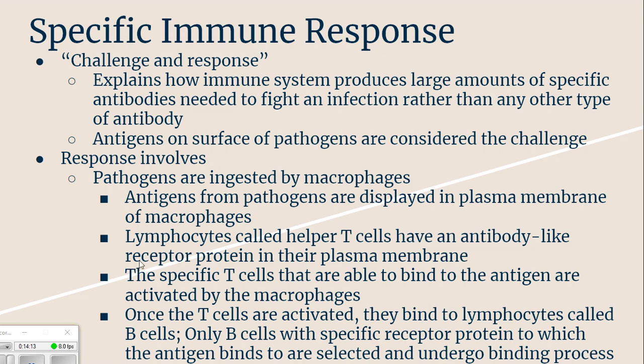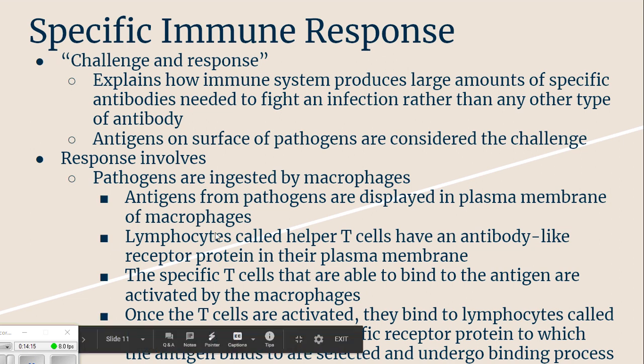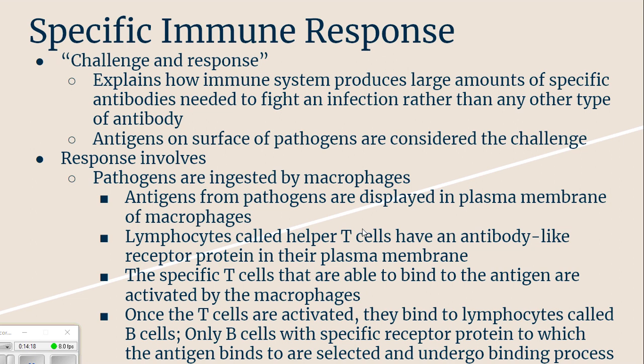Now, you have lymphocytes, these specific white blood cells called helper T cells, and they have this antibody-like receptor protein on their plasma membrane. The specific T cells that are able to bind the antigen are activated by the macrophages.